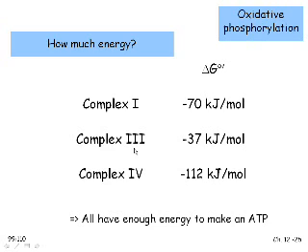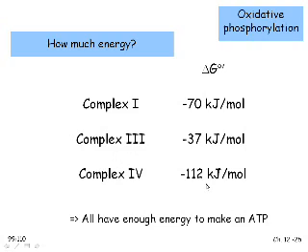Well, how much energy can we get out of this? One way to think about that is looking at the delta G associated with these reactions. The net reactions at complex 1 have a delta G of minus 70 kilojoules. Complex 3 has minus 37, and complex 4 has minus 112.